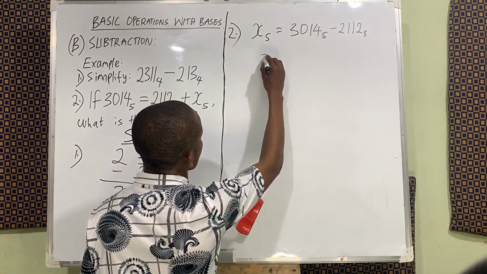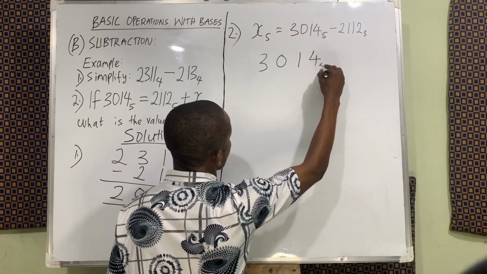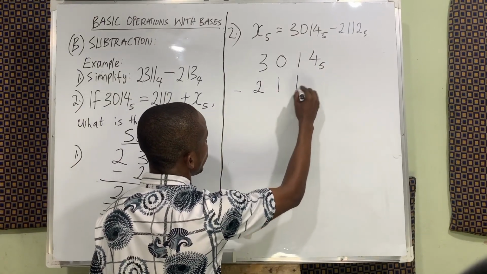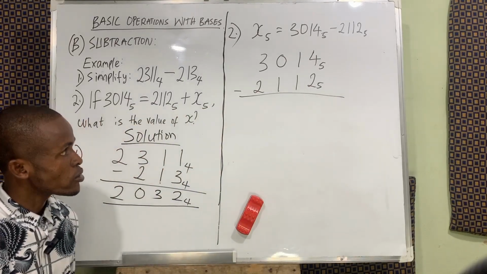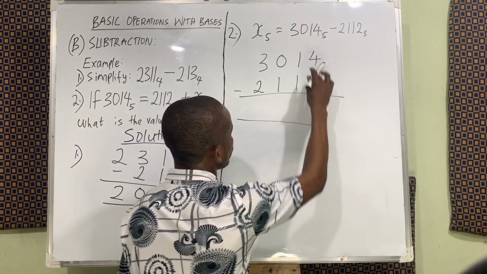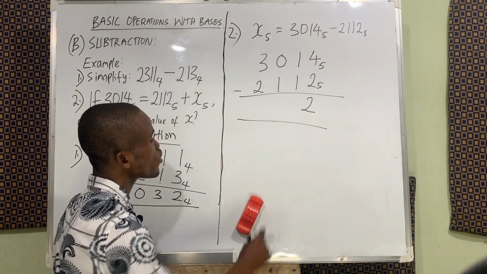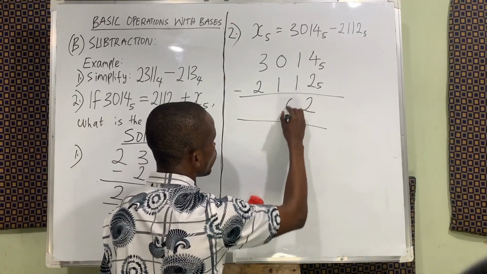So that becomes 3014 in base 5 minus 2112 in base 5. Alright, let's subtract. Subtracting 4 minus 2 gives us 2. Subtracting 1 minus 1 gives us 0.